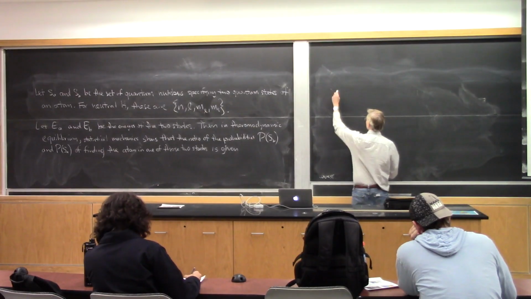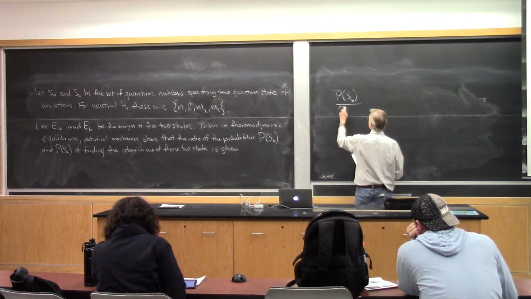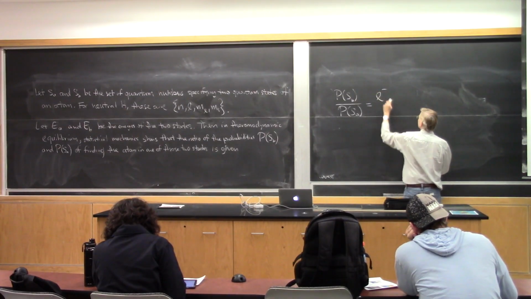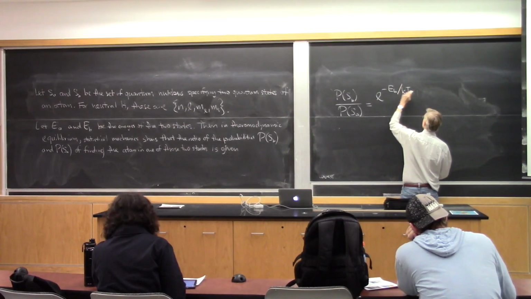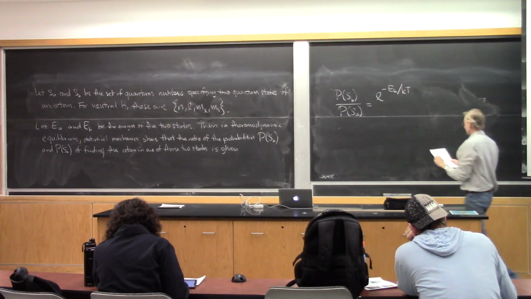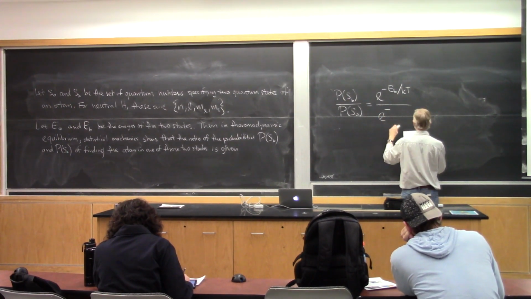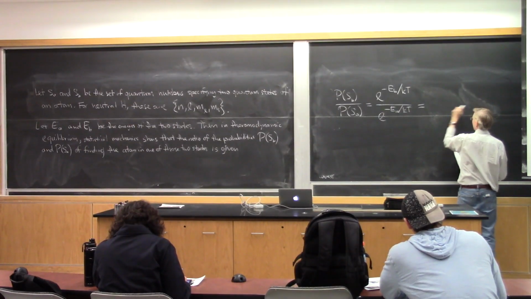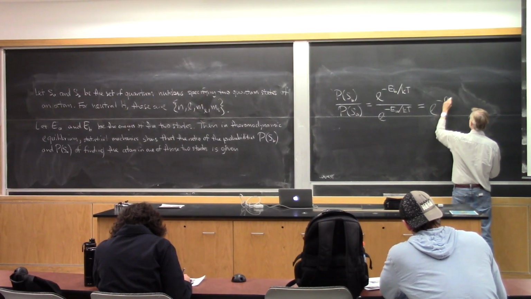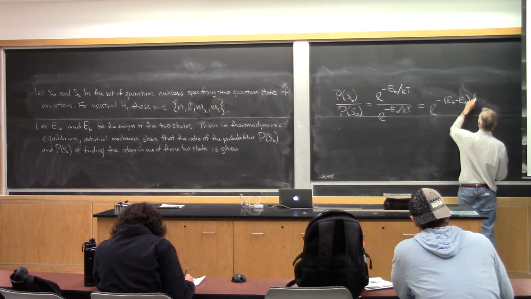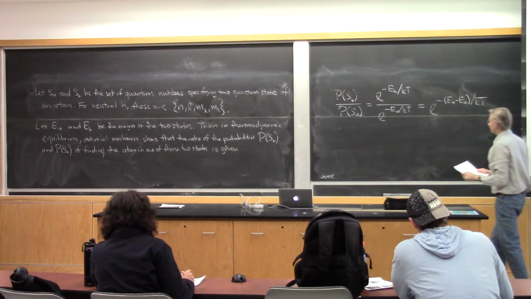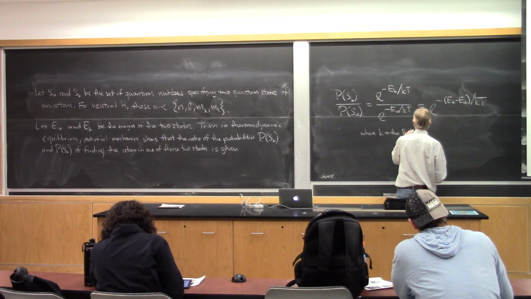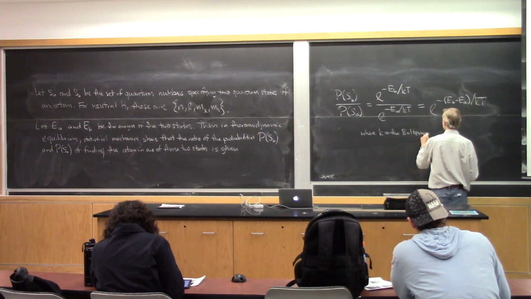Super important result. The probability for state S sub B divided by the probability for state S sub A is equal to the ratio of e to the minus energy of state B over kT, the Boltzmann constant times the Kelvin temperature, divided by e to the minus E sub A over kT, which of course we could simplify as e to the minus E sub B minus E sub A over kT, where k equals the Boltzmann constant, after Ludwig Boltzmann, who pioneered statistical mechanics.